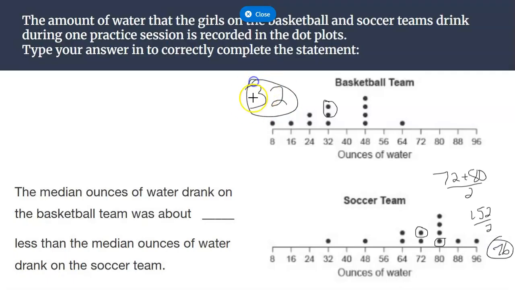So we have 76 and 32. If we take 76 and subtract 32, we get 44 for an answer. About 44 less than the median for water drunk on the soccer team. That's how much less the basketball team was.